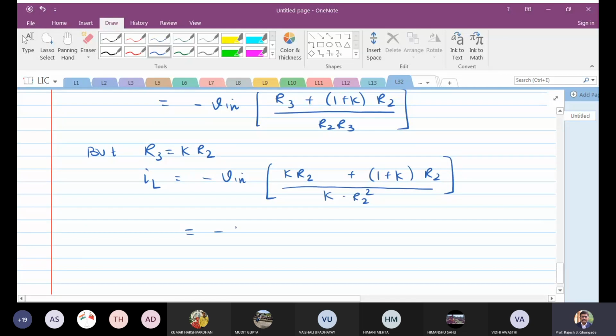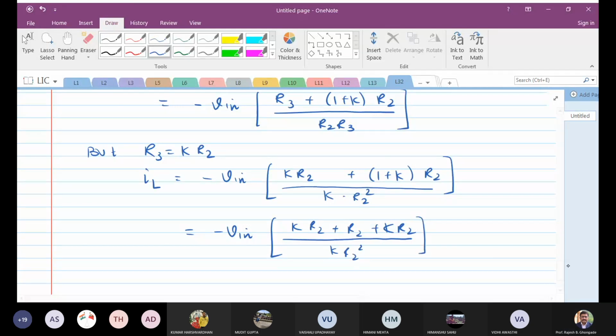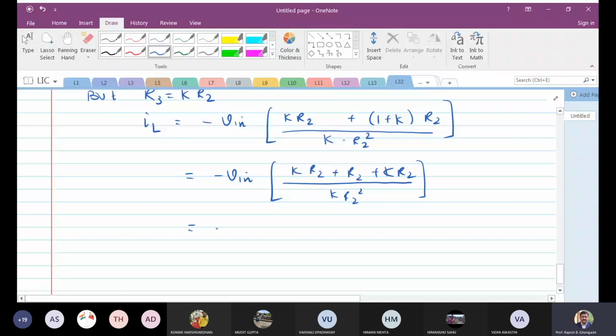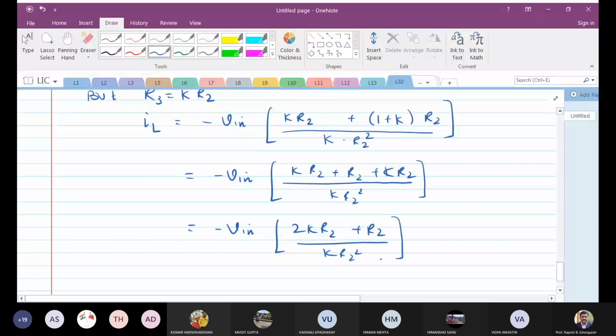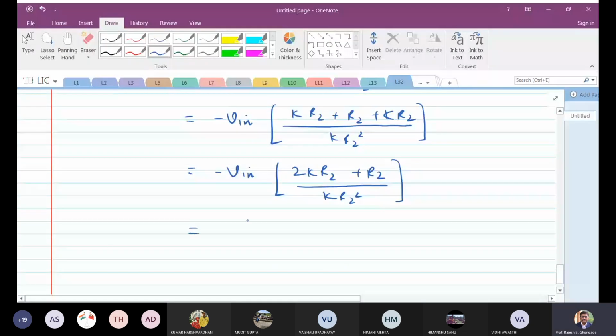This can be solved as V in into KR2 plus R2 plus again KR2 divided by KR2 square, which further is minus V in into 2 times KR2 plus R2 divided by KR2 square. I can again pull out R2 common and cancel it. So minus V in into 2K plus 1 divided by KR2.